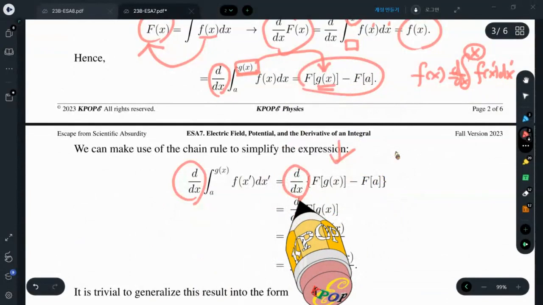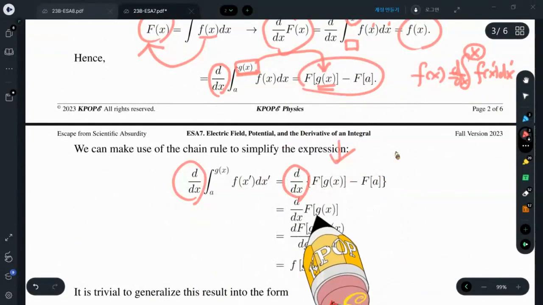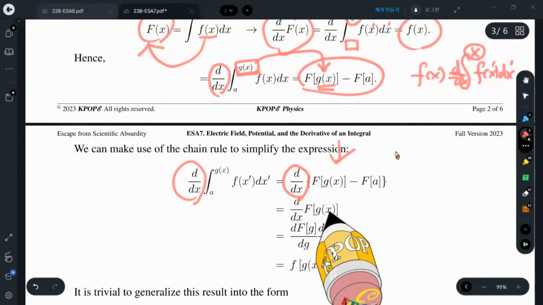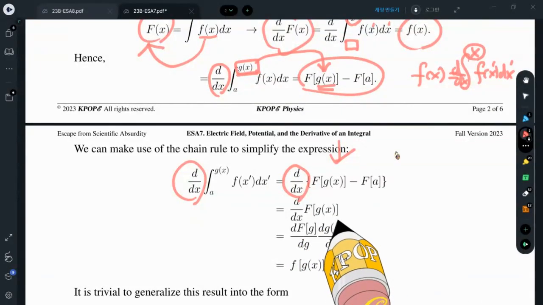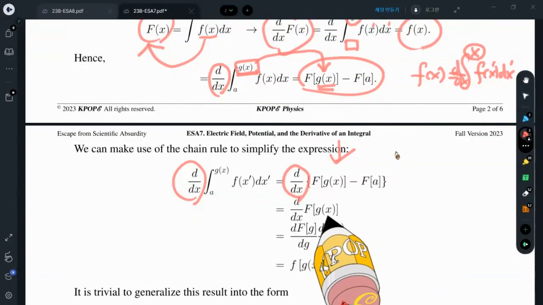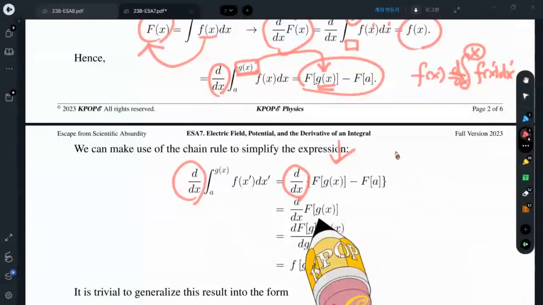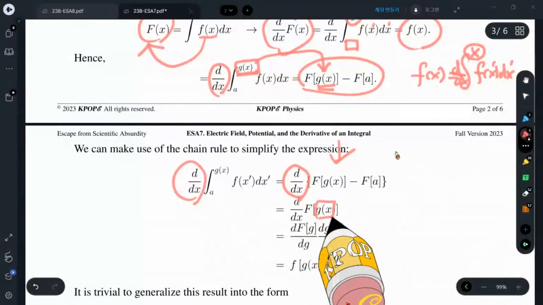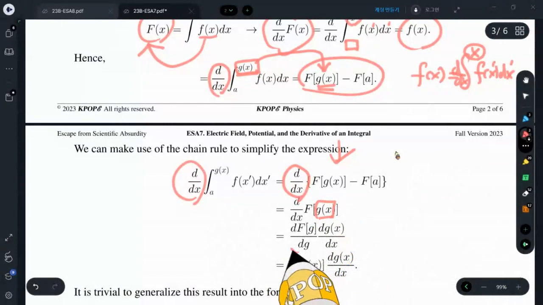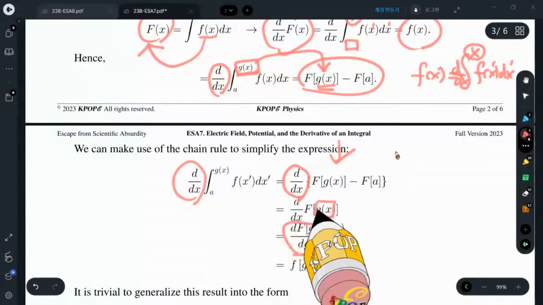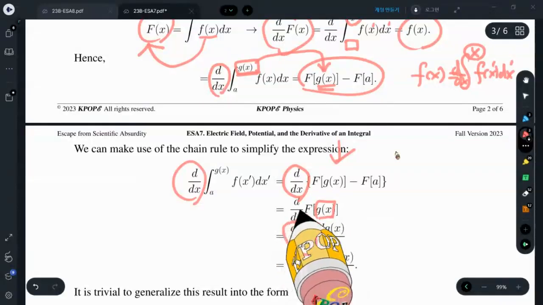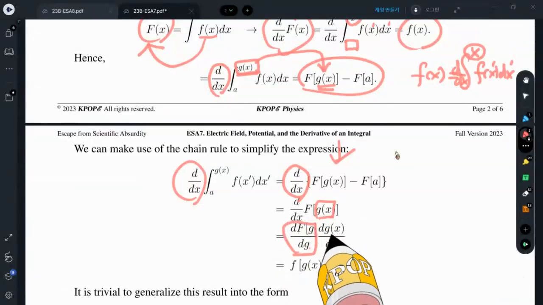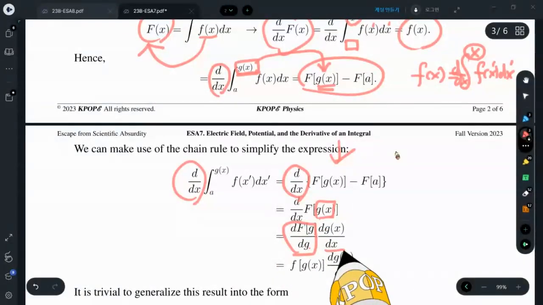We take the derivative. This is a function of a function. Implicit function derivative can be done by using the chain rule. First, take the derivative with respect to this full expression. So, derivative of capital F with respect to g, and then we have to take the derivative of g with respect to x.